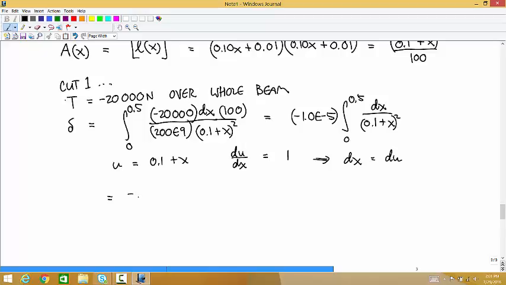And you have negative 1 times 10 to the minus 5, that's still the same constant, times the integral. Okay, I have to change the boundaries of integration. So when x is equal to 0, u is equal to 0.1. And when x is equal to 0.5, u is equal to 0.6. And now we have du. I'm going to write it as u to the minus 2 du.